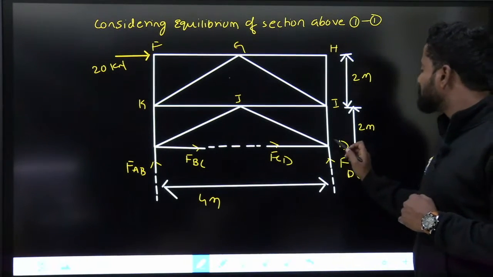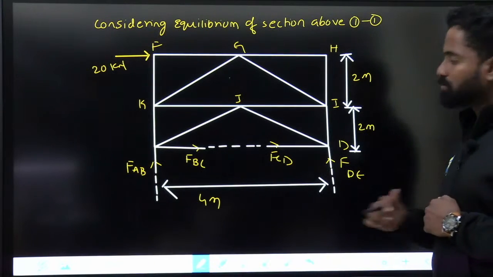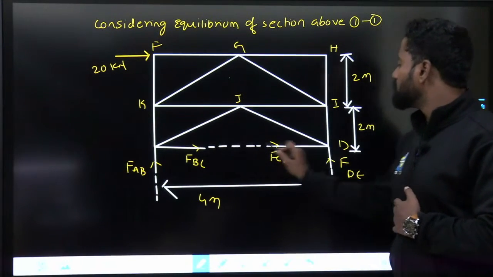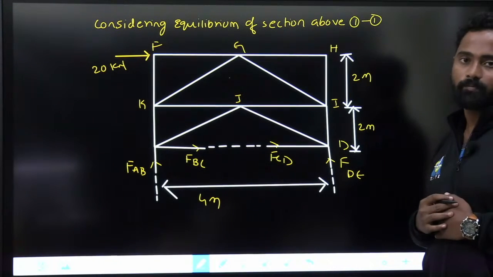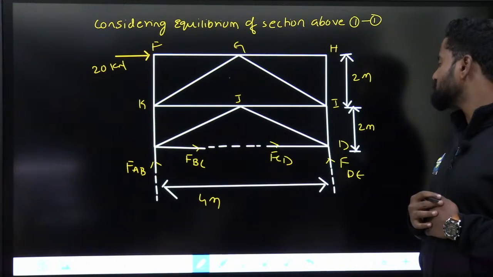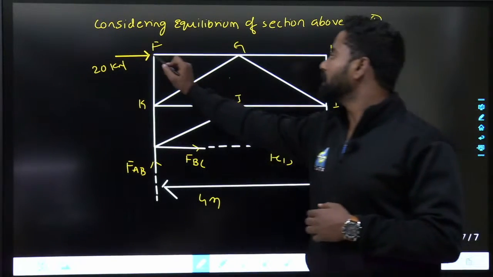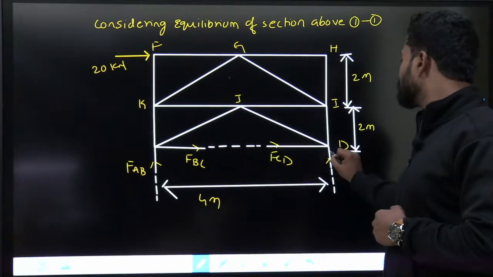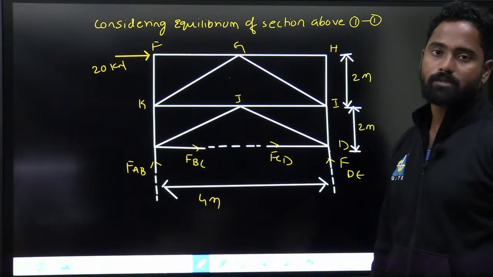And if I take summation of moments about D equals to 0. Why D? Because all these three members are passing through D. That's why. So if I take summation of moments about D equals to 0, what I'll get? 20 into 4 clockwise, FAB into 4 clockwise.